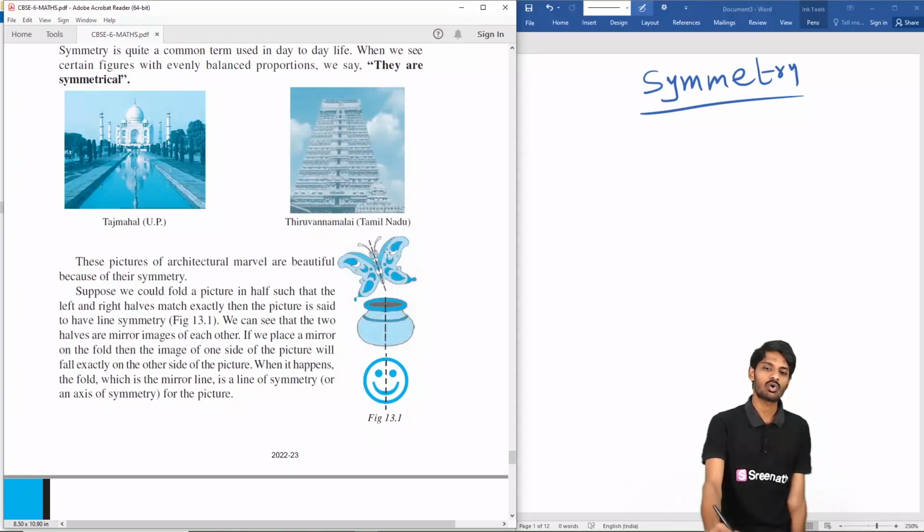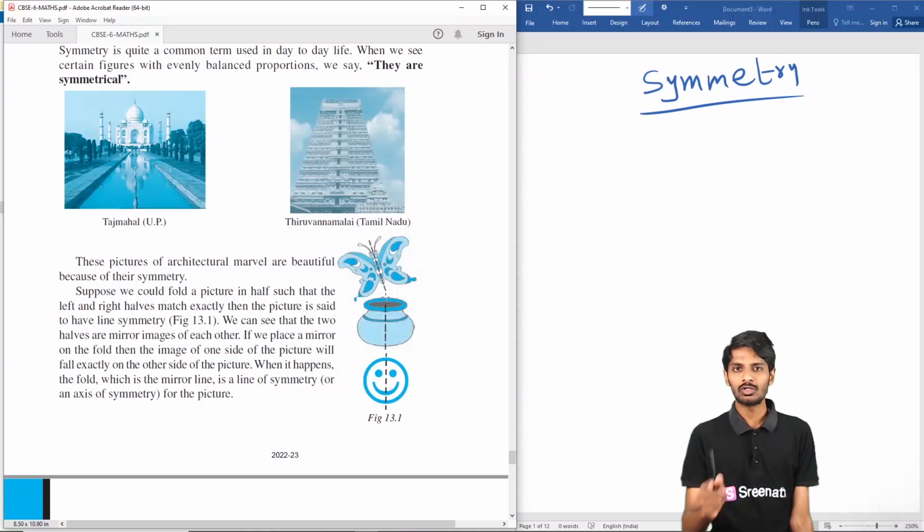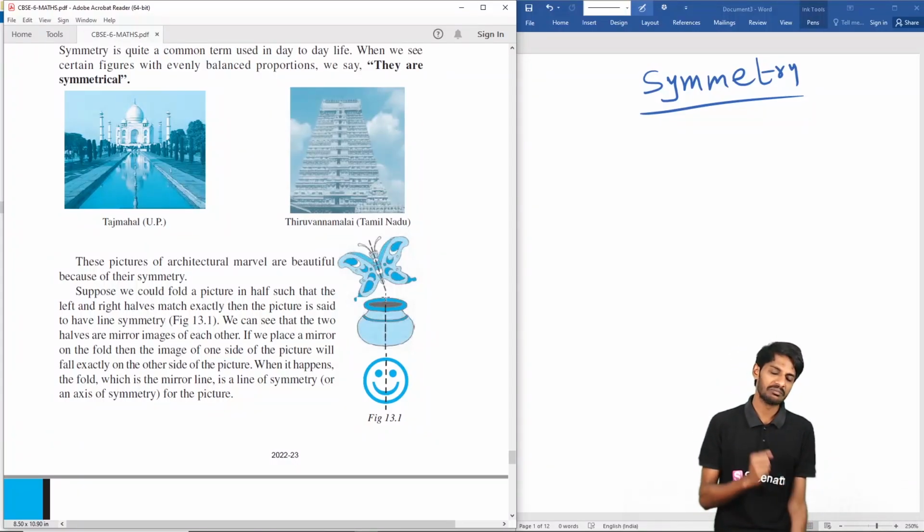And what is this dotted line called? Whenever you fold along the dotted line, only then can you see the symmetry beauty of the objects. So what is the dotted line? The dotted line is nothing but the line of symmetry, students.